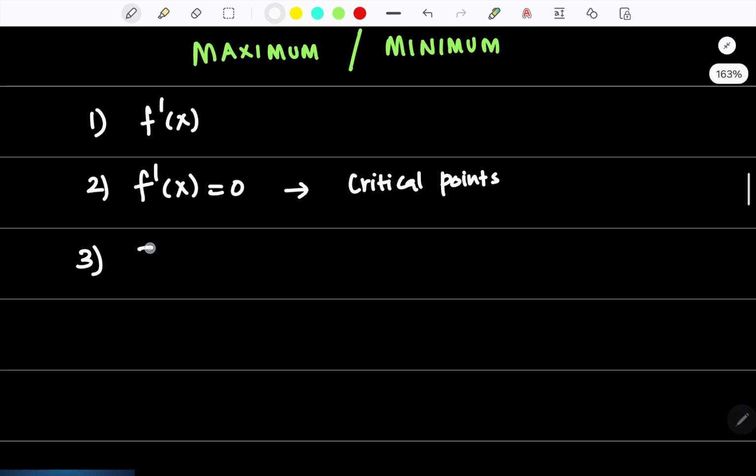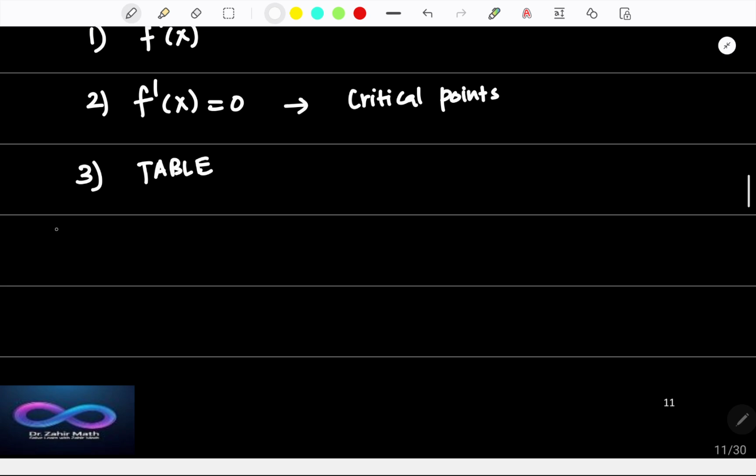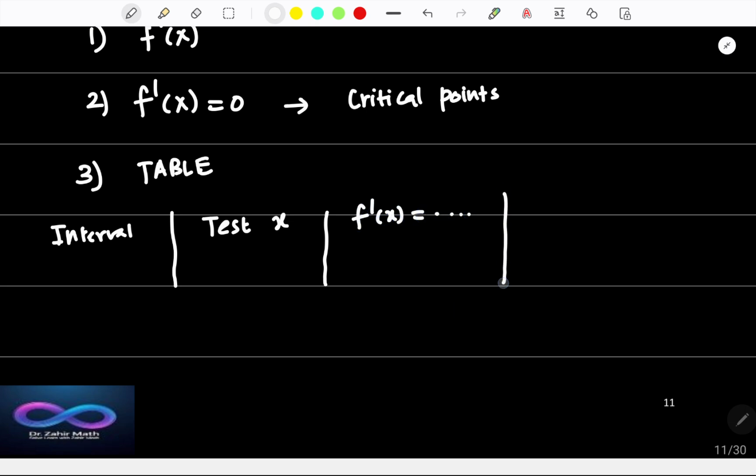Then the third step is you're going to create the table, that same table, with the intervals. Then you're going to choose your test value, which is x, put this value in f dash of x, and see the sign. Then you're going to come to the result.